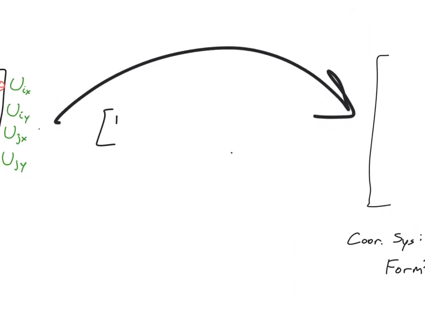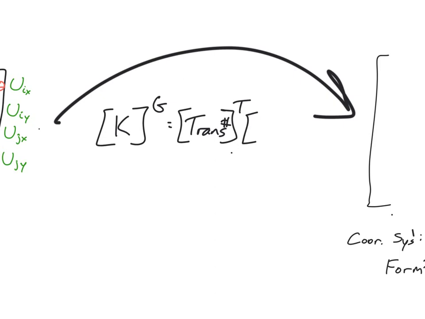And so if we have the K in the global form, that's going to be equal to our trans matrix and the transformation of it, at least how we have it set up. At least in our MathCAD, we have some number here for whatever element we're on. We have our global coordinate system, but element form of our stiffness matrix, and then we multiply it times our trans matrix.